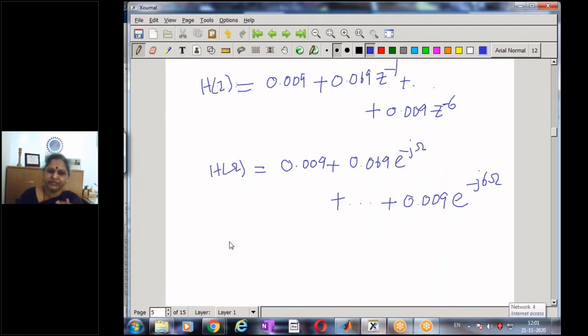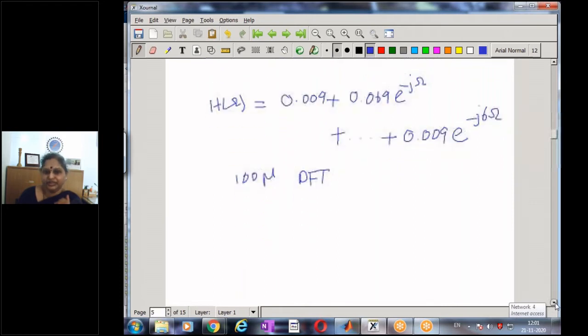Another way is to simply compute an N-point DFT, with a large value, say a 100-point DFT, and then plot the frequency response, because DFT is nothing but N equally spaced samples of the periodic H(omega). So either way I can compute and see the effect.